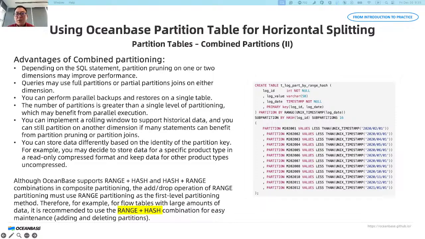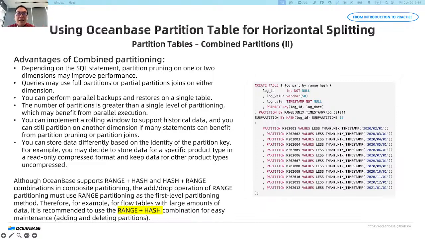Although OceanBase supports range plus hash and hash plus range combinations in compound partitioning, the add or drop operation of range partitioning must use range partitioning as the first level partitioning method. Therefore, it's recommended to use the range plus hash combination for easy maintenance.